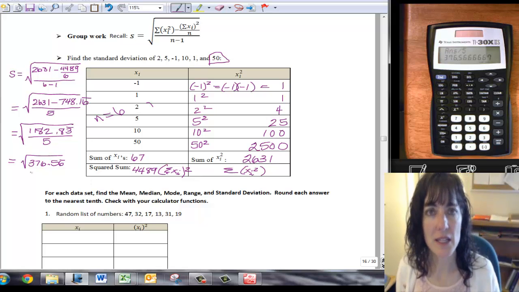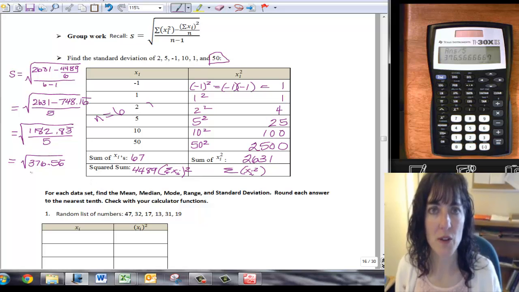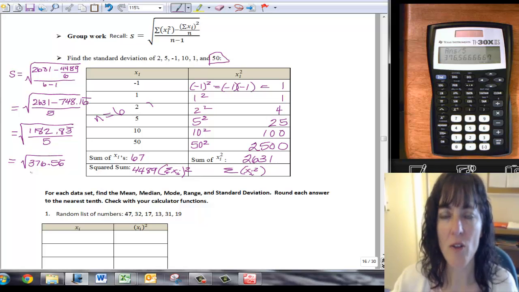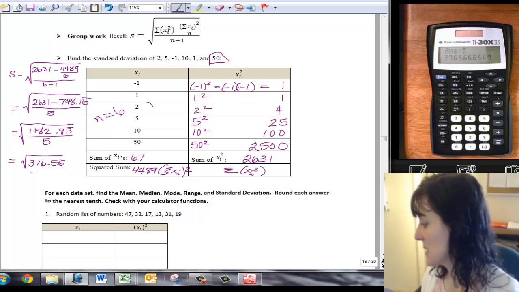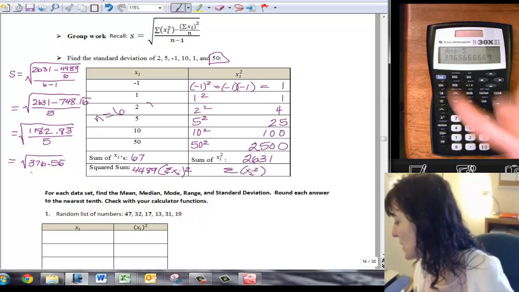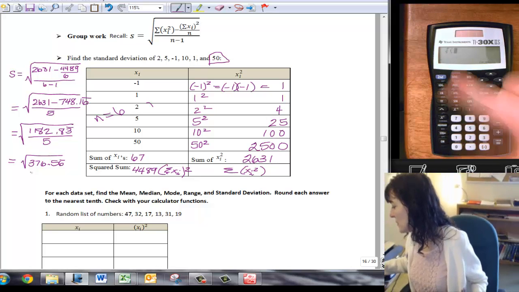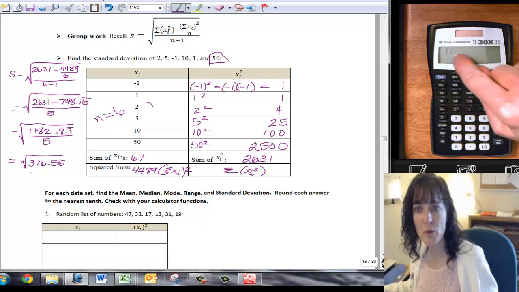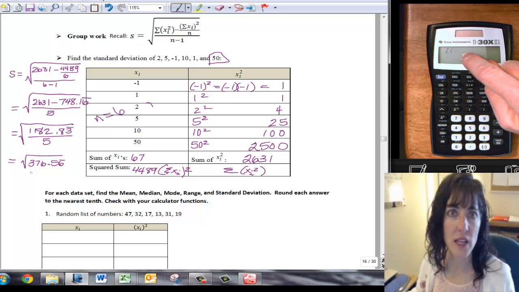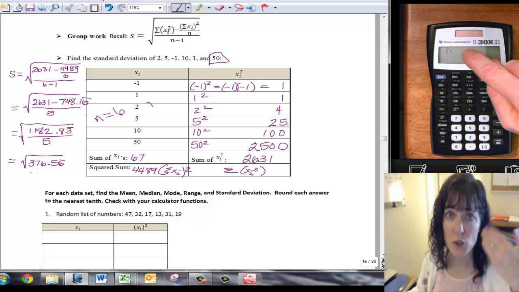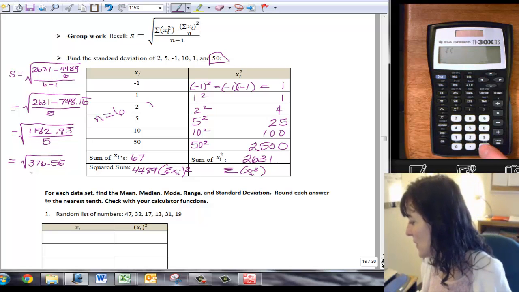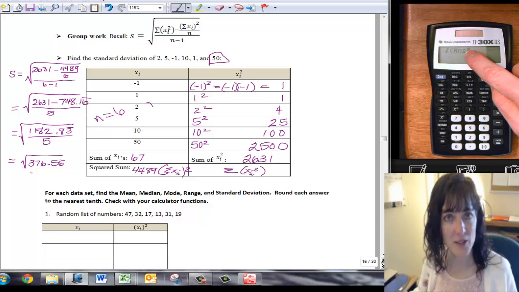Okay. The very last thing I want to do is actually take the square root, and remember I can't drop that square root symbol off my problem until I've actually pushed that on my calculator. So that's the last step I want to do now. When I do that square root, I have to do second and then the x squared button, and it puts a square root on there, and again it's waiting. What are you going to take the square root of? Well, I want it to do the last number that it came up with, so I'll do second and the negative button so that it'll put answer in there.